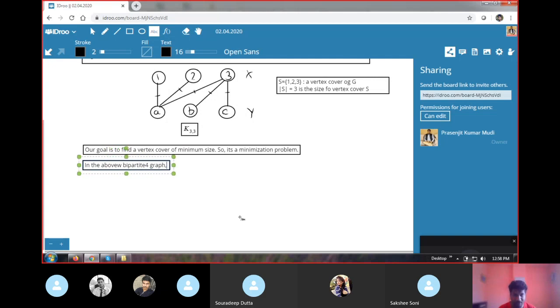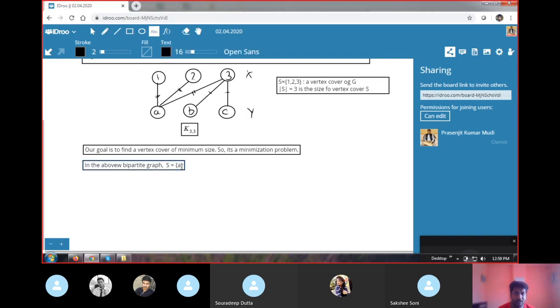The minimum vertex cover would be, A is equal to, if I include vertex A, then this edge, this edge and this edge, all these 3 edges which are incident to the vertex A are covered at a single shot. I do not have to include 1, 2 and 3. Just consider vertex A.